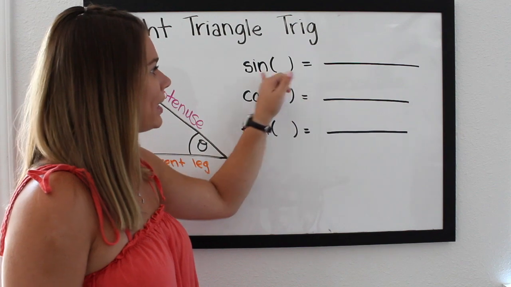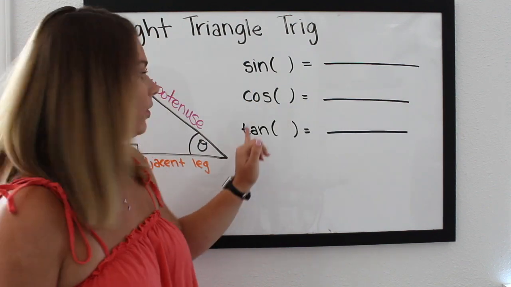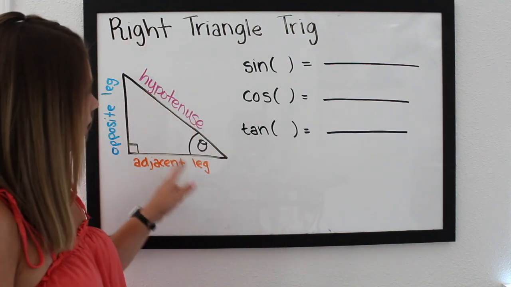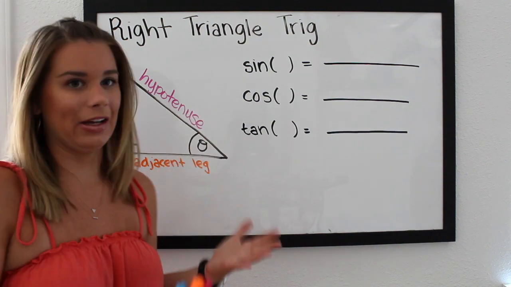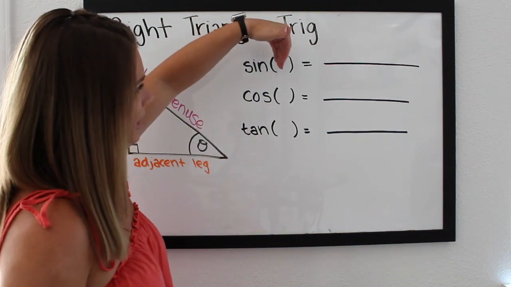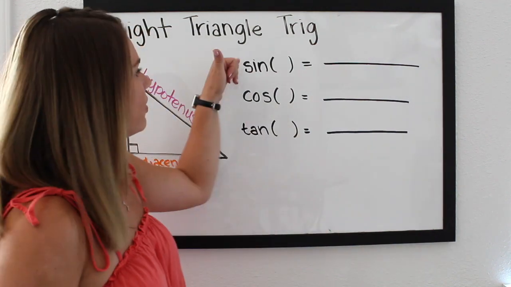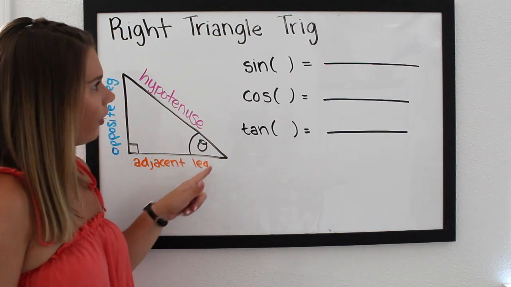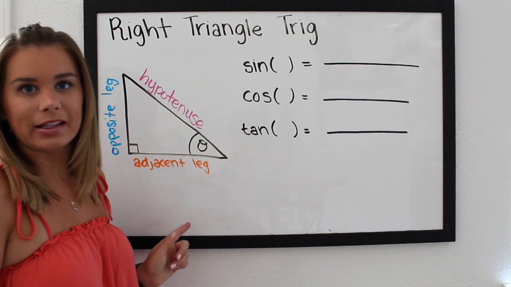It's always sine of an angle, or cosine of an angle, tangent of an angle. You need to include whatever angle you're looking at on your right triangle, or just any angle in general that you're putting into these functions to get something out. Because what these actually represent is that at that angle, they equal a specific ratio of these side lengths.